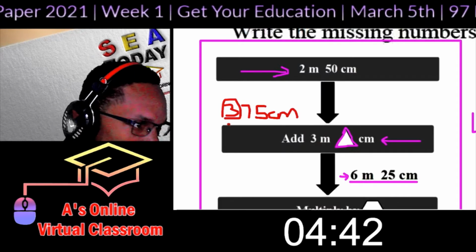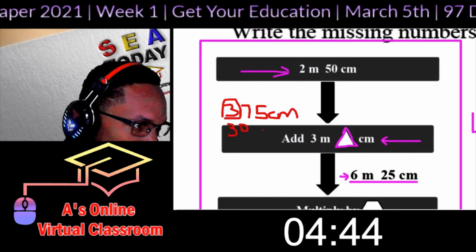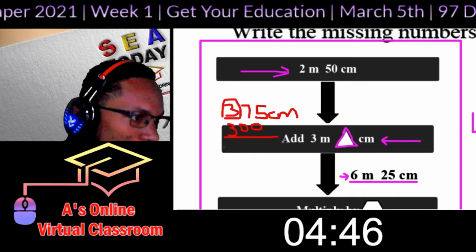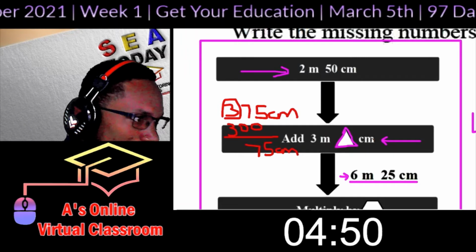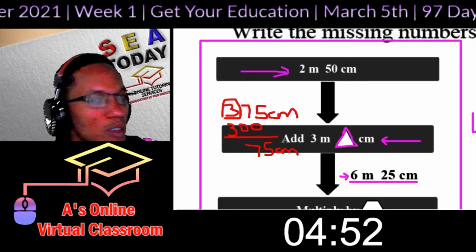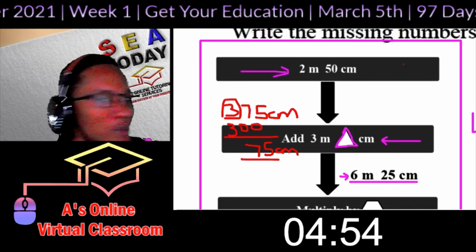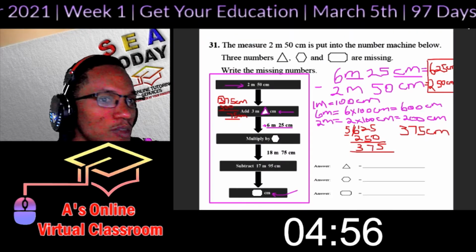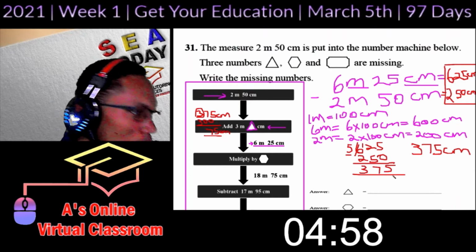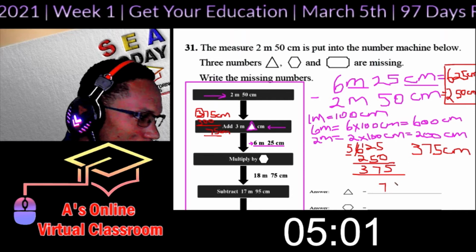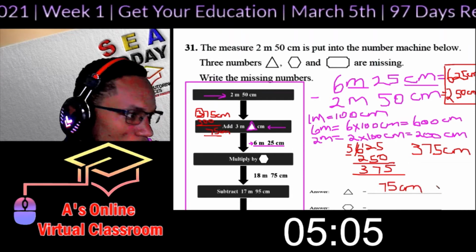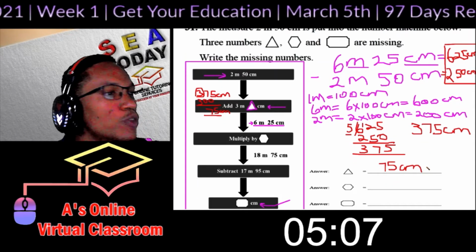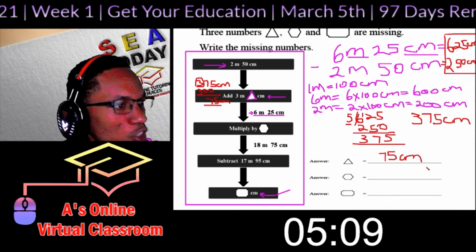So if we take away the 300 that's already there, we will remain with 75 centimeters. So the triangle would be 75. So let's write that in. Triangle is 75 centimeters. Alright, so that's our first missing shape.